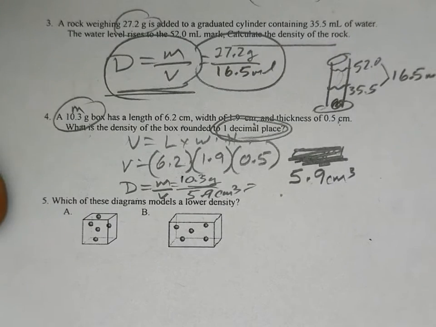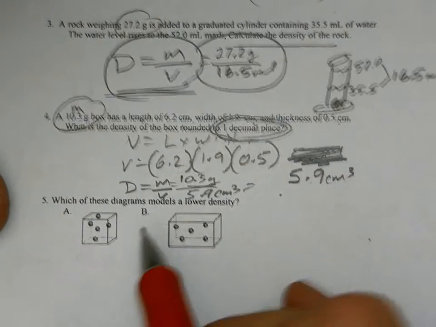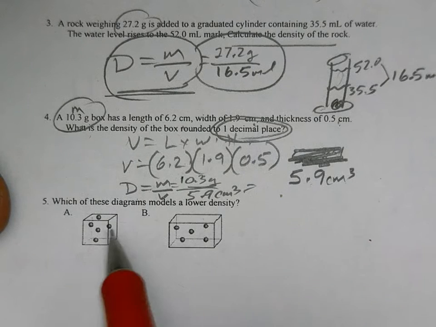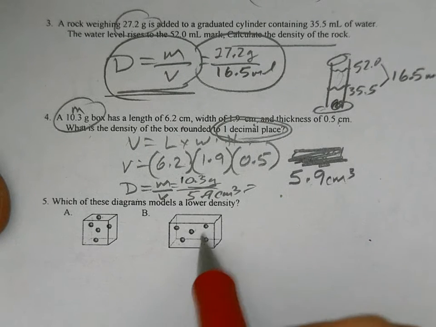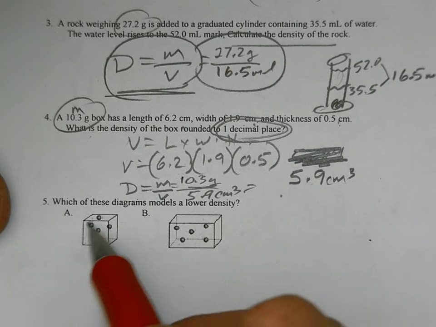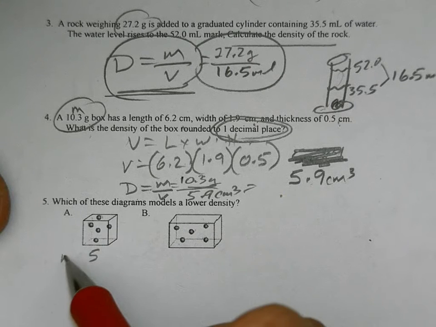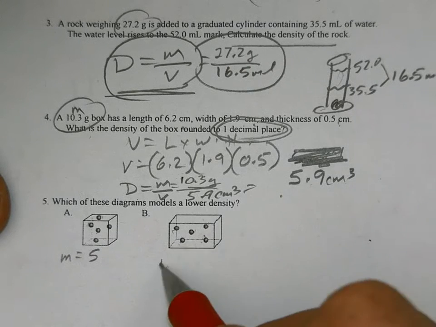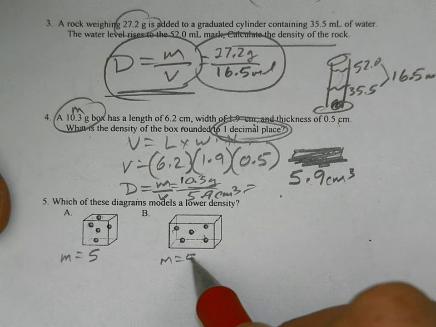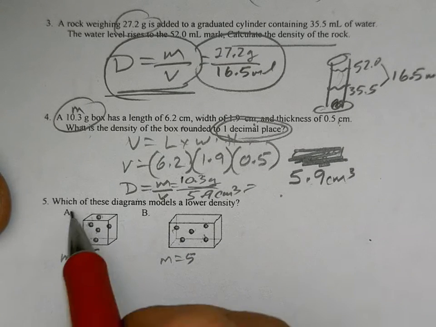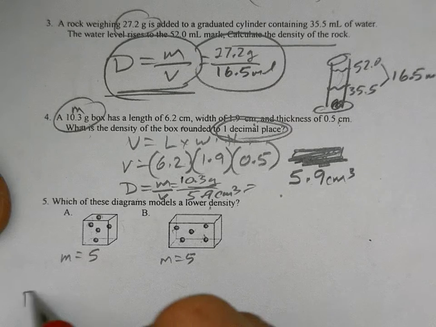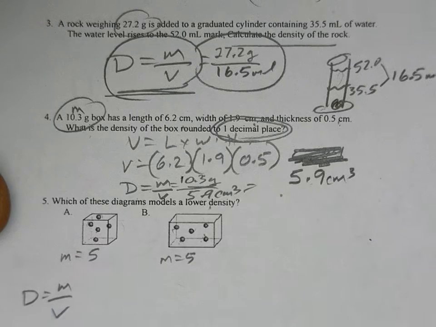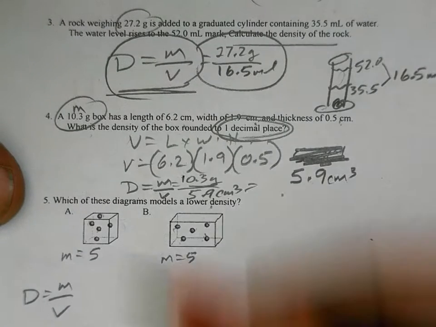Okay, this question was kind of a problem for students, but it shouldn't have been. These particles are representing how heavy it is. There's 1, 2, 3, 4, 5, so the mass would be 5, whatever the unit is. Over here, the mass is also 5. Now, density is always mass divided by volume, so I'm just going to look at the square.